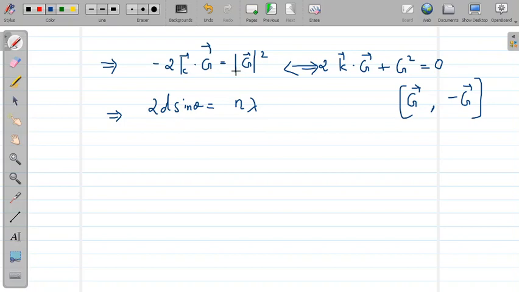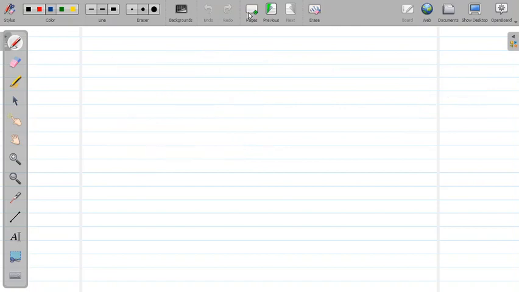And this Bragg's law in the reciprocal lattice can also be represented as delta k equal to g. This is another form of representing Bragg's law. So in effect, we have learned 3 representations of Bragg's law. First is the representation in the real lattice, which is given by 2d sin theta equal to n lambda.